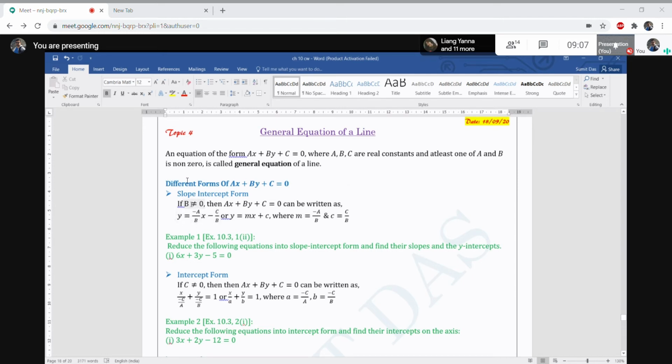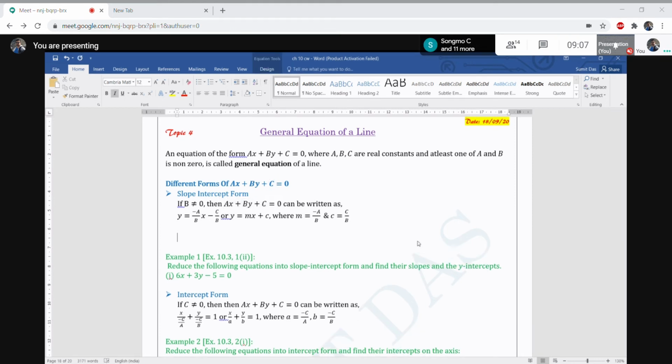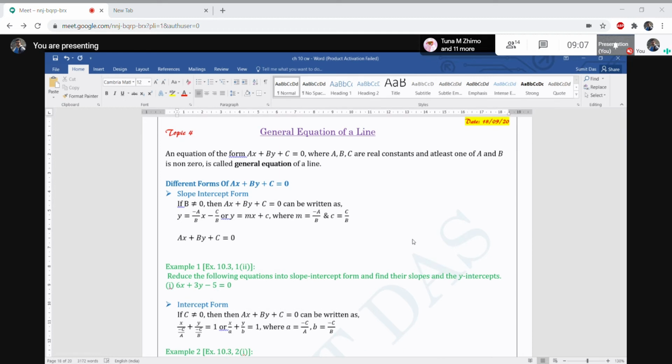If b is not equal to 0, then ax + by + c = 0 can be written in y = mx + c form. How to write y = mx + c? Look, we have this equation. What can we write in the next line?